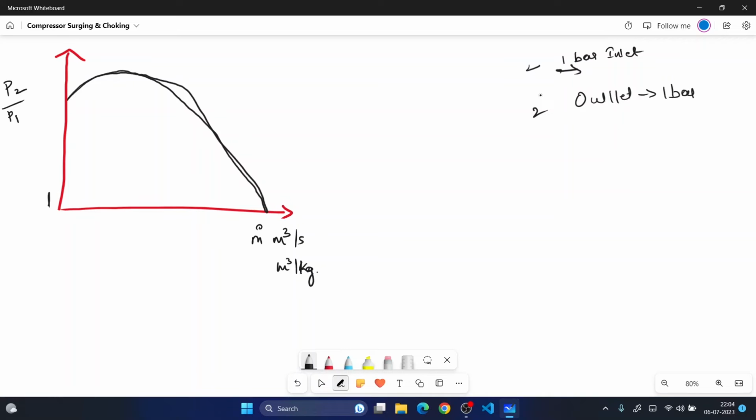Okay. So what happens is, since this is point A, it is operating at BEP, that is the best efficiency point, and say this is the choke point, sorry, the surging point, say B. A is the best efficiency point, B is the surge point, and this is unrealistic. And after this best efficiency point, if I start to increase the mass flow rate, there will be a negative slope, which means there will be a reduction in the pressure.